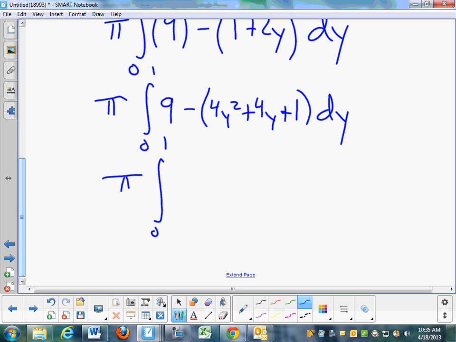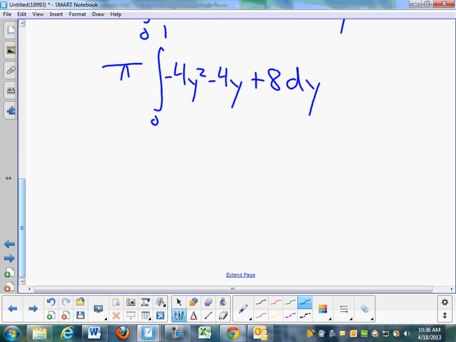Okay, so that's going to be a negative 4y squared minus 4y, and 9 minus 1 is 8. Do you want to factor out a 4? Let's factor out a 4.